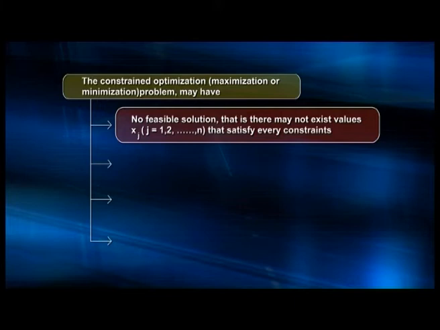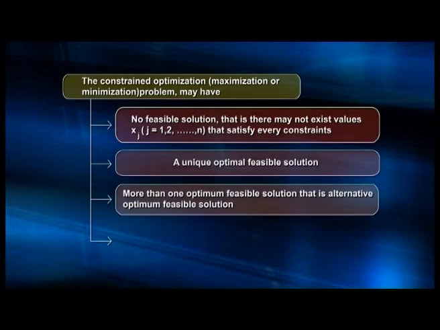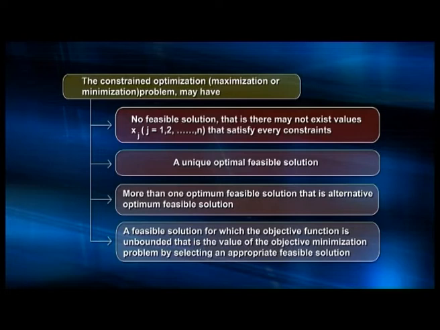That is, there may not exist values xj, where j equals 1, 2 up to n, that satisfy every constraint. It may have a unique optimal feasible solution, or more than one optimum feasible solution, that is, alternative optimum feasible solutions, or a feasible solution for which the objective function is unbounded, that is, the value of the objective function can be made arbitrarily large (or small for a minimization problem) by selecting an appropriate feasible solution.